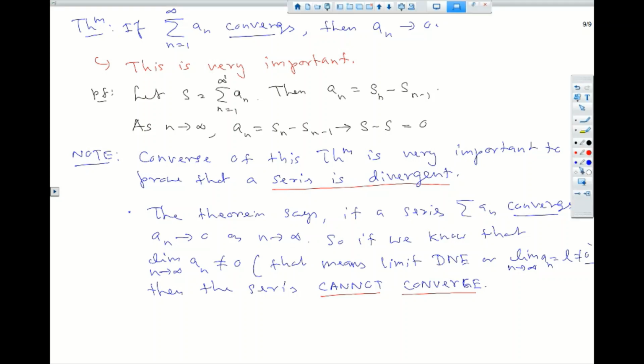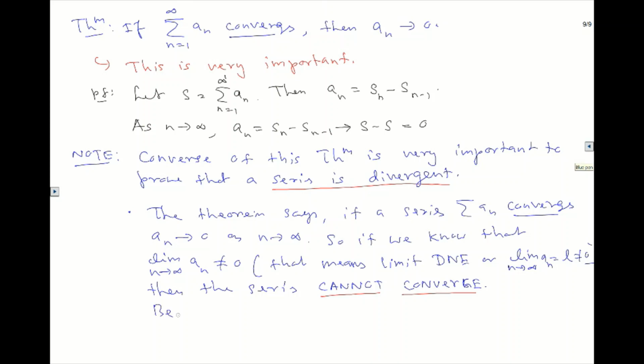Because if the series converges, the limit of an has to be 0. So if it is not equal to 0, the series cannot converge, otherwise it would be a contradiction.